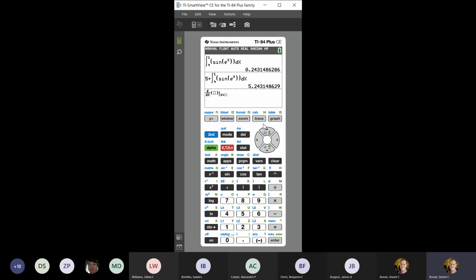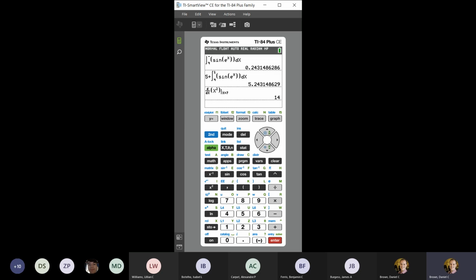Like if I want to find d/dx of, I'm just going to do something easy, x squared, and I ask, what's that derivative at 7? My calculator can do that. Of course, that's an easy one to do by hand, but that's just some other things your calculator can do. So it can't do algebraic manipulation, but it can tell us the derivative and the integral at a point.